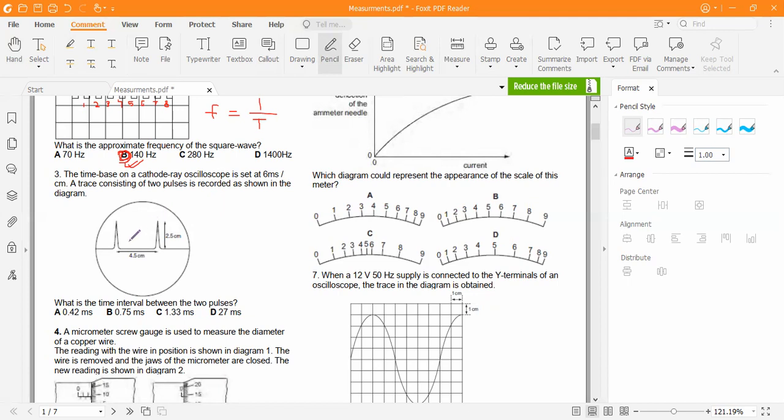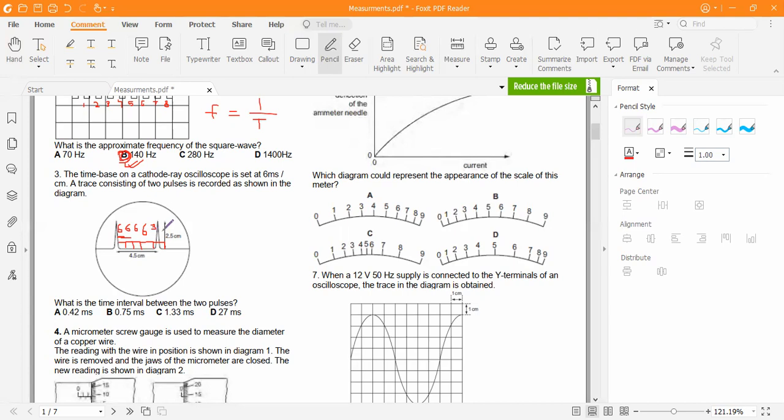So if you have blocks like this, 1, 2, 3, 4.5 blocks, the time base setting tells you that this block is 6 milliseconds, then this block is also 6, same for the next one, 6, and then this one is at 4.5, so this will be 3. So total time will be 6 plus 6 plus 6 plus 6 plus 3.